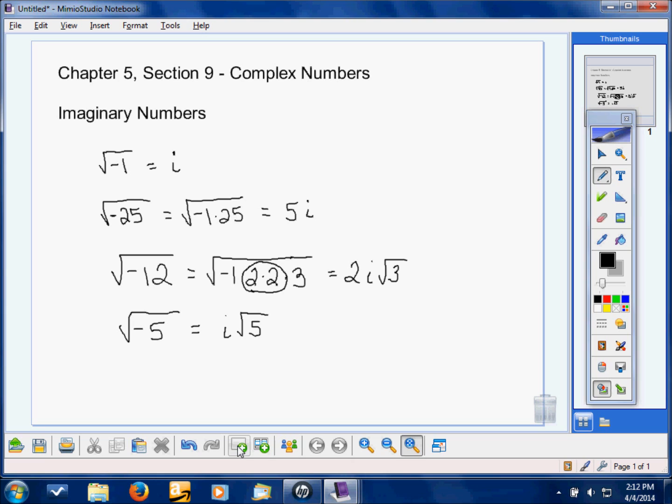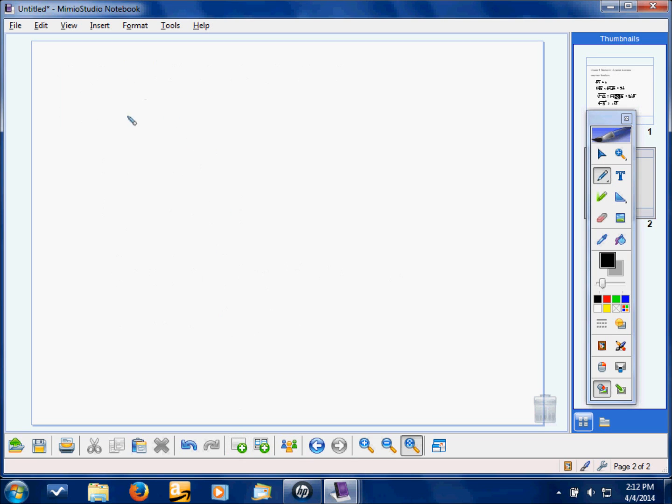So there is a series of 4 that are going to be very, very important to you. So you need to really follow along here. First of all, we know that the square root of -1 is I. Really what that is, it is I to the 1st power. So I'm going to put up here in the corner, I to the 1st power is I.